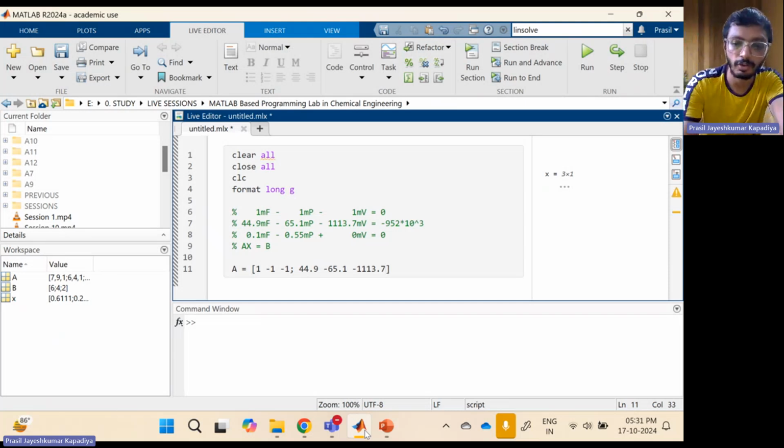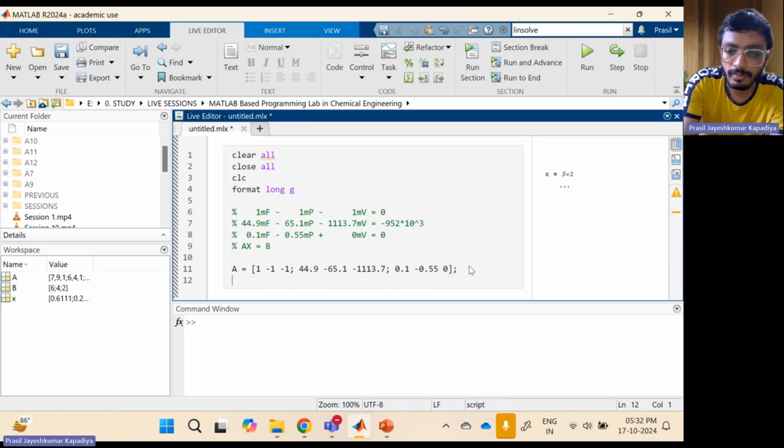And my third row is 0.1, minus 0.55, and 0. Okay, so this is my A matrix.